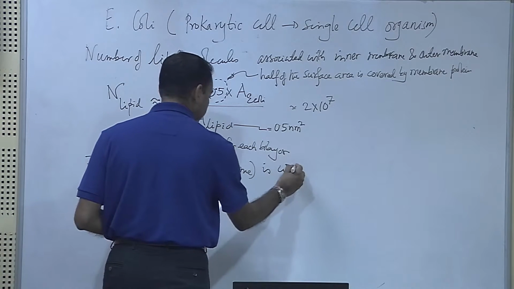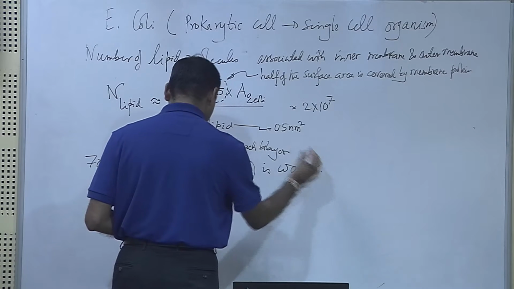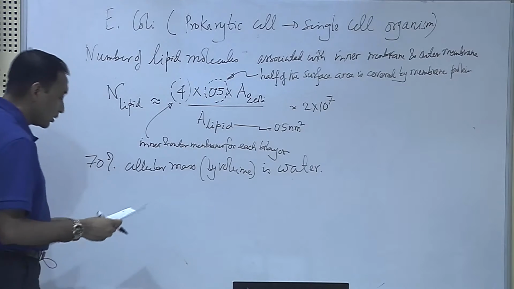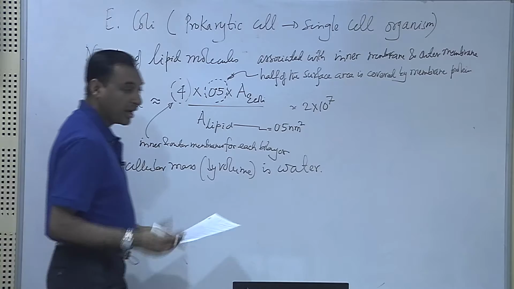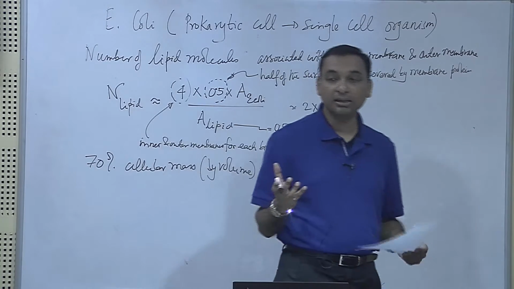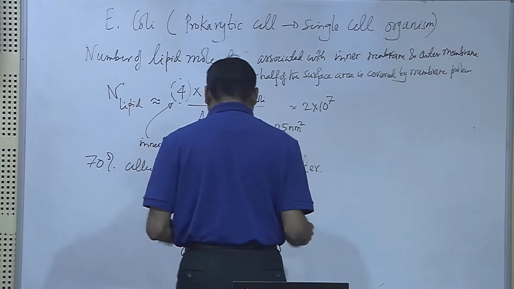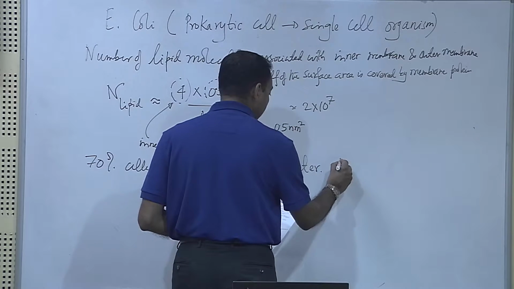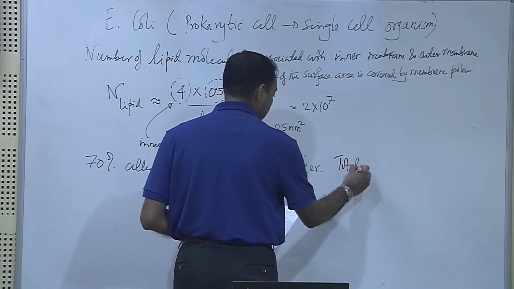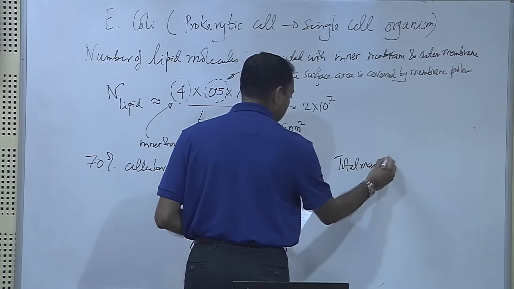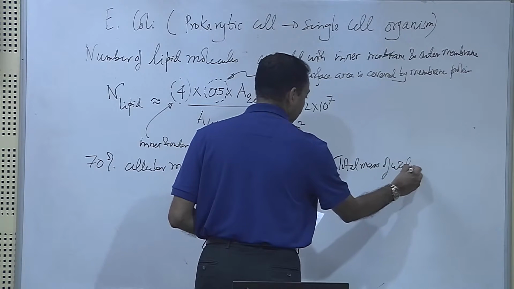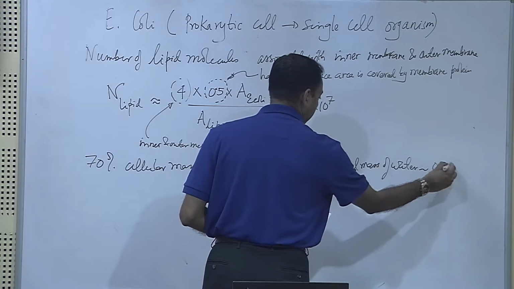Okay? So the mass of an E. coli cell is 1 picogram, so the total mass of water is around 0.7 picogram.